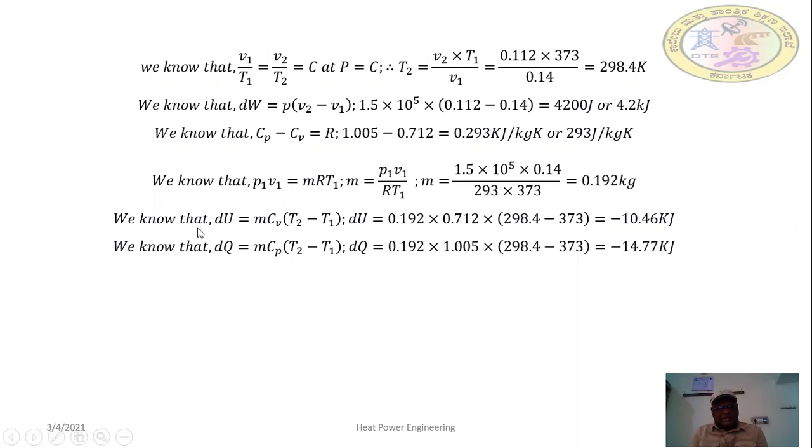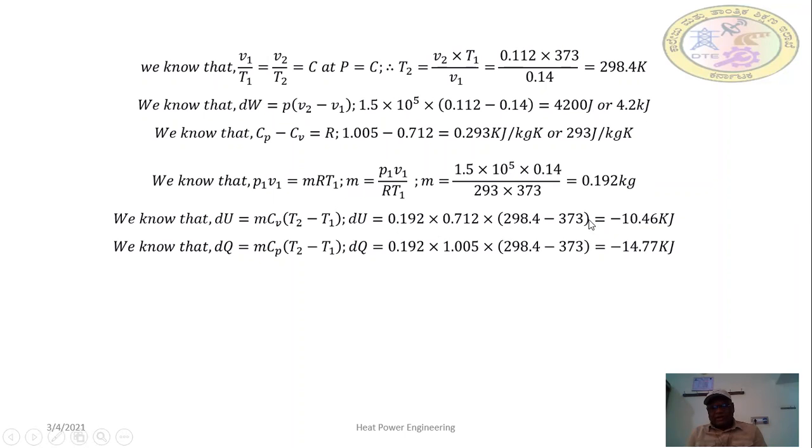But this equation also I did tell you, that is change in internal energy is equal to m Cv into (T2 minus T1). As usual, Cv is the specific heat of the gas at the constant volume. All the values are known. It is a direct substitution.